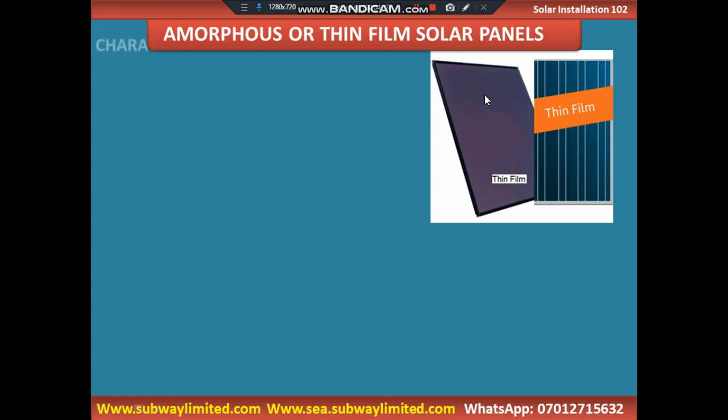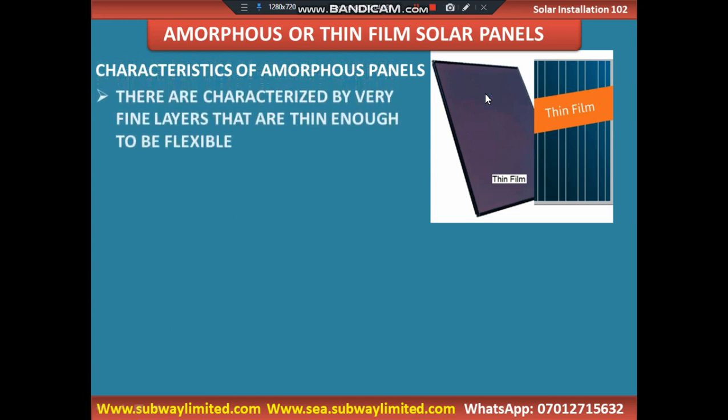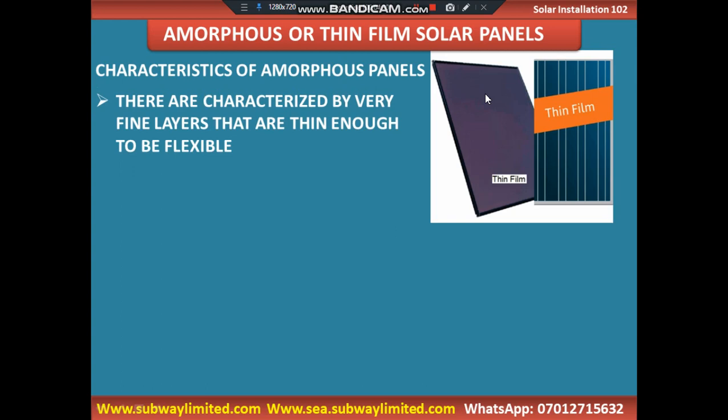Then we proceed to understanding some of the characteristics of the amorphous solar panel. One of the properties or distinguishing features of the amorphous or thin film solar panel is that they are characterized by very fine layers that are thin enough to be flexible.